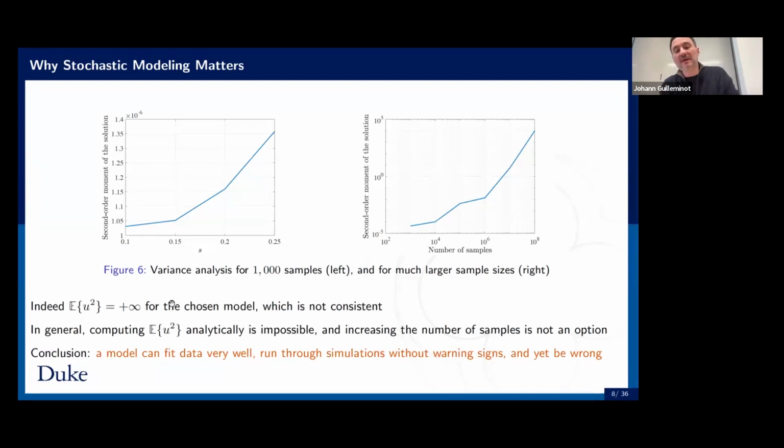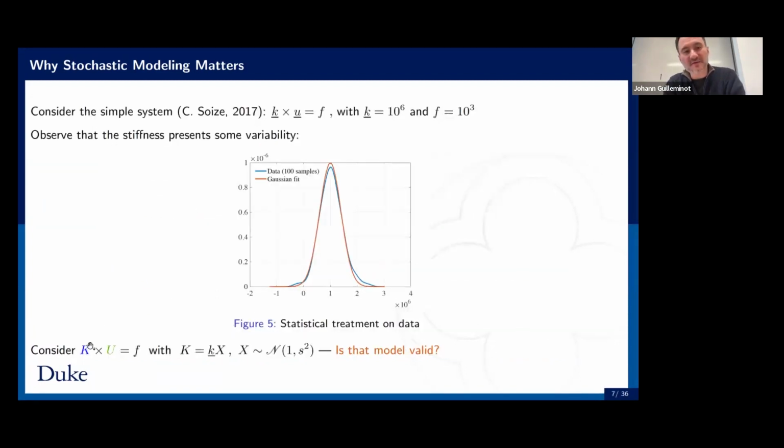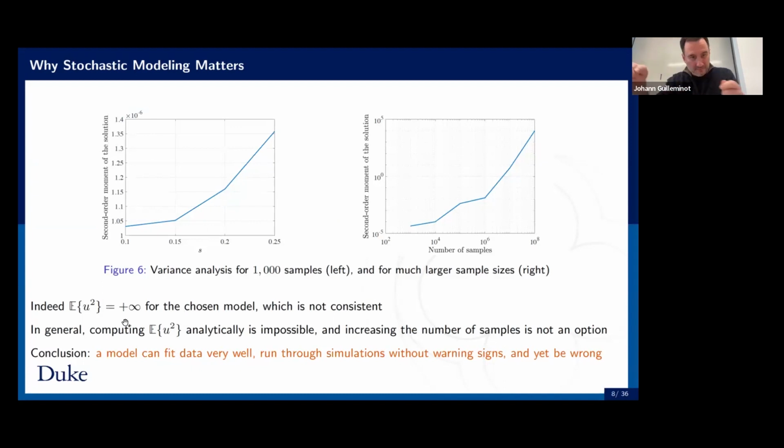And actually mathematically, because this model is analytical, you can compute the integral by hand, and you will realize that the second order moment of your output is infinity, which is not consistent because you have a closed physical system. You put a finite amount of stochasticity of energy, and then you are saying that you are generating infinite variations.